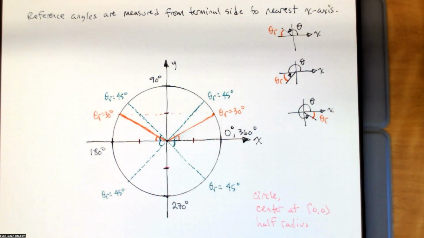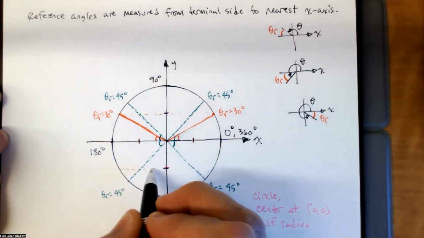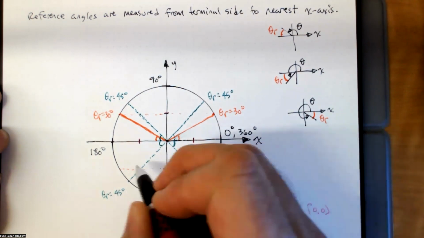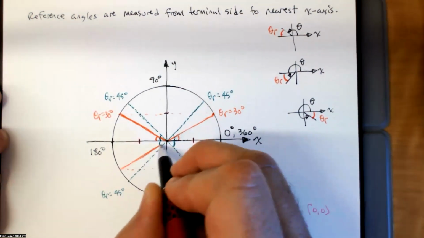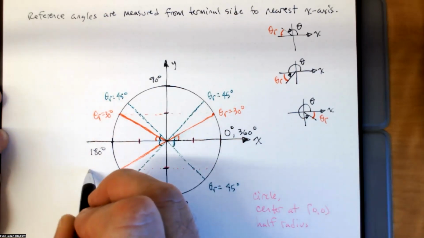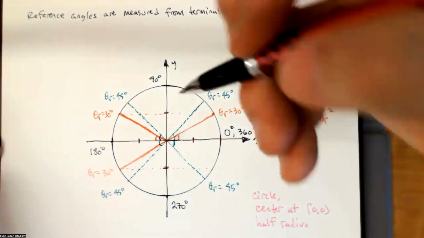Down below, we've also got halfway. So go halfway down vertically, on both sides.